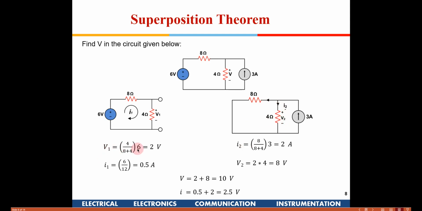Here we use the current division rule. So 3 amperes into 8 divided by 8 plus 4. As I explained last time also, the higher the resistance, the more current will flow, so that is why the 8 comes in the numerator. So you get 2 amperes flowing here. Now the voltage across the 4 ohm is pure Ohm's law: 2 is the current and 4 is the resistance, so you get 8 volt.